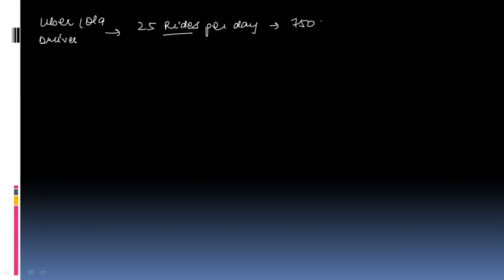If there is an Uber driver or Ola driver, these are cabs in Delhi, and he is taking approximately 25 rides per day, how many are going to be there in the total month? 750. This is for one Ola Uber driver. The second one again 750. They have 1000 drivers.